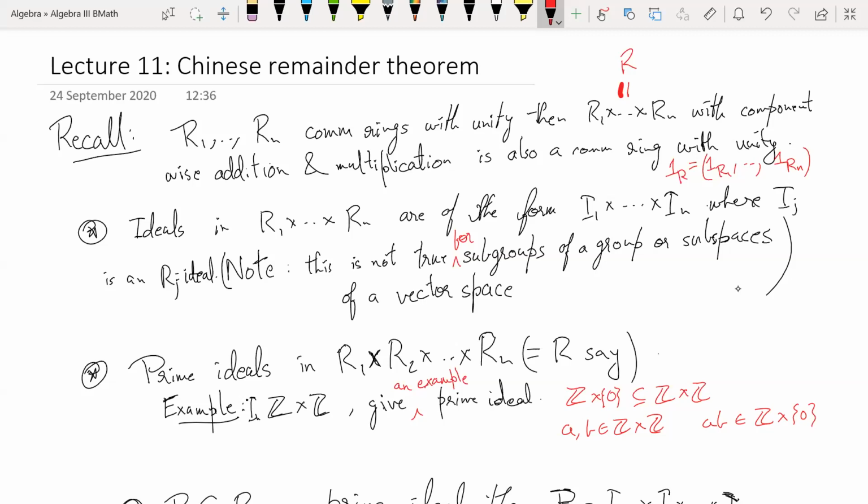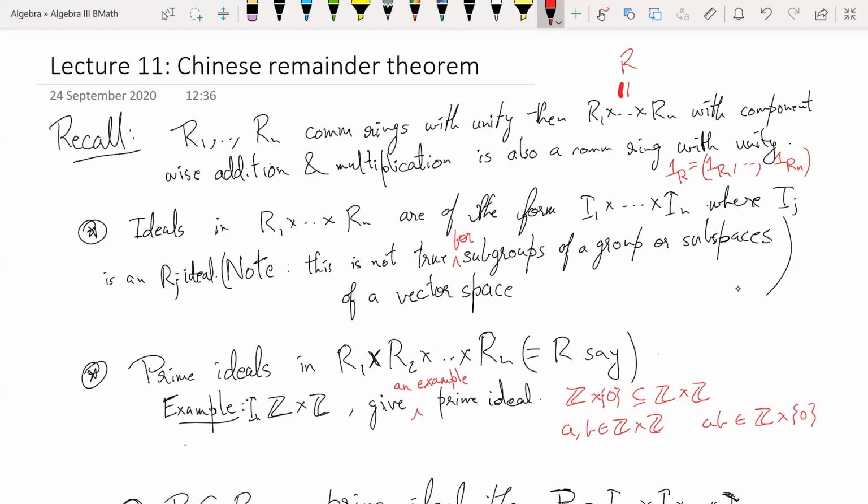That tells you that either A2 or B2 is 0, so the corresponding element, either A or B, belongs to Z cross 0. So you can directly verify that this is a prime ideal.